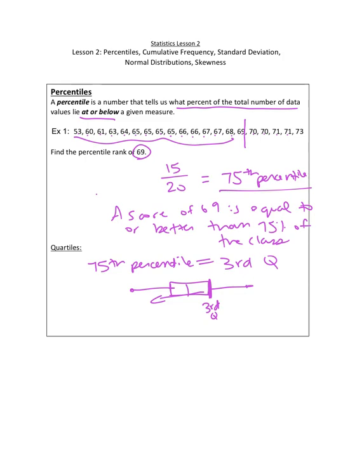The first quartile is really the 25th percentile because 25% of scores are below that. And the median, or the second quartile, is the 50th percentile.